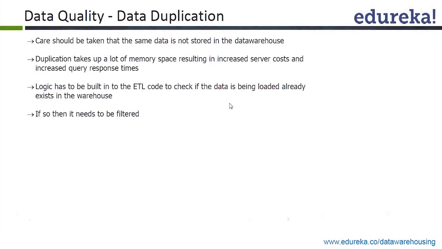So if you keep duplicating the data, it could also give you wrong reports when you have duplicate data and you try to join it with your dimension. Maybe it gives random counts or random aggregates. So logic has to be built in your ETL jobs to handle all these data quality issues.